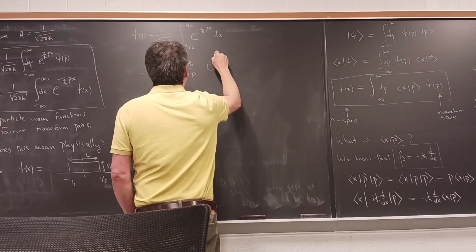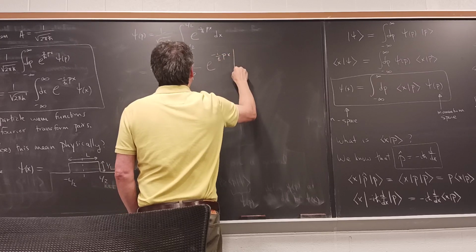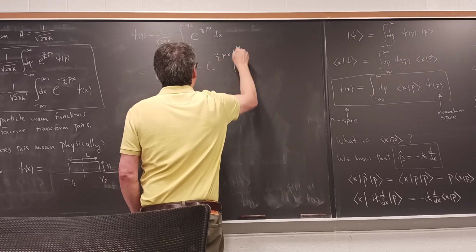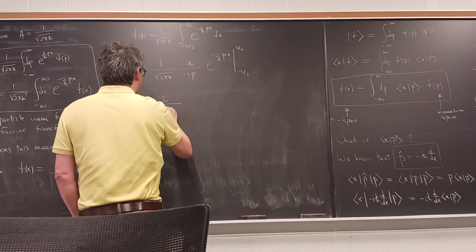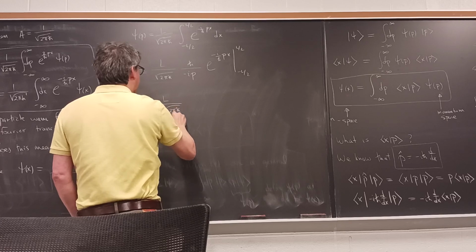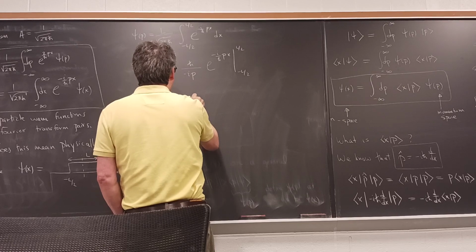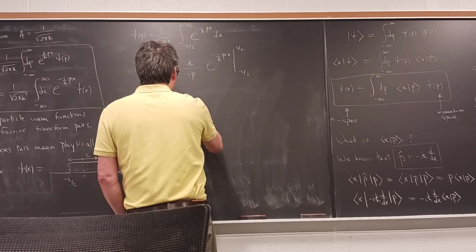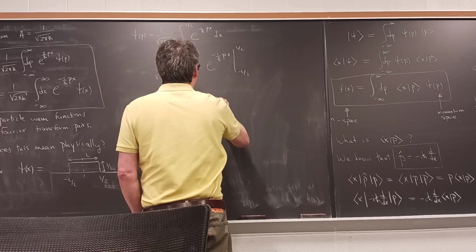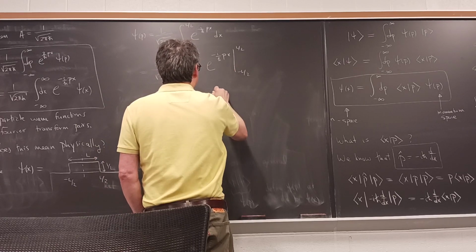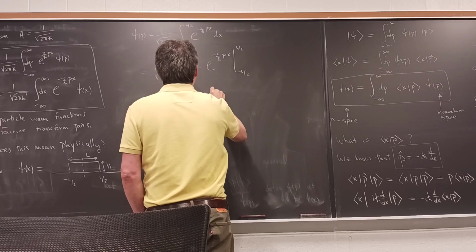Times e to the minus i over h bar p x, from minus L over two to L over two. So that's L over root two pi h bar, h bar over minus i p, and then we'll have e to the... Is one divided by negative i just i again?